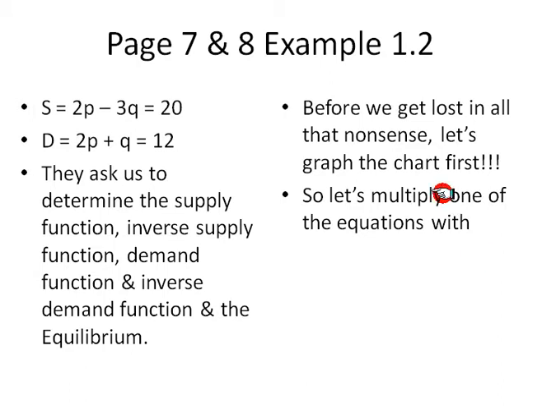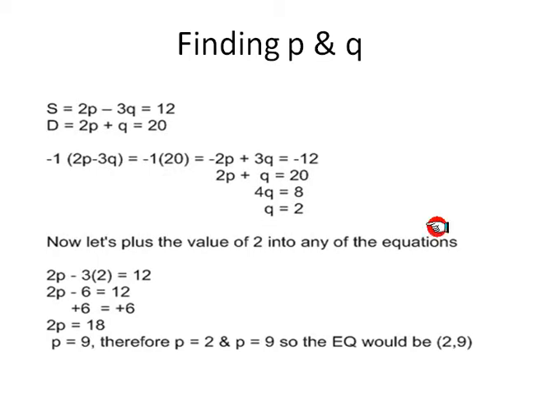So, example 1.2, right? We have supply at 2p minus 3q equals 20, and demand d equals 2p, okay? So if you're looking at the book, it's all there. So, let's get this puppy ready. Remember in the algebra, we did this with multiple equations, so we multiply by -1, then we get q equals 2, p equals 9, so it will be 2, 9 on the graph.